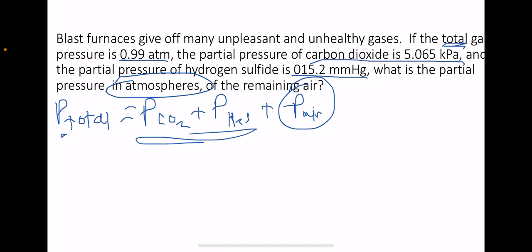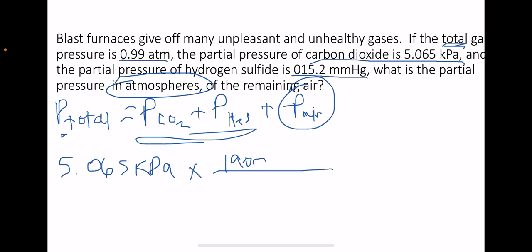So we're going to have to make 5.065 kilopascals, and we're going to have to convert that to atmospheres using this conversion factor. For every 1 atmosphere, we have 101.3 kilopascals.